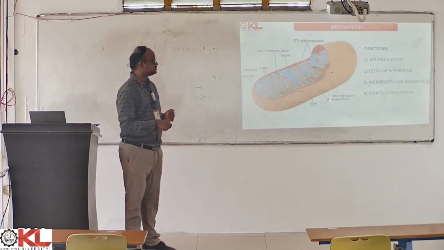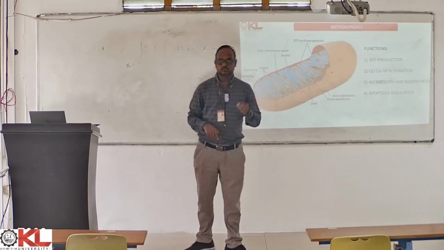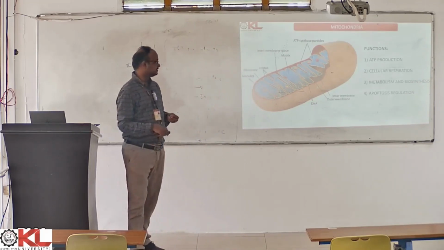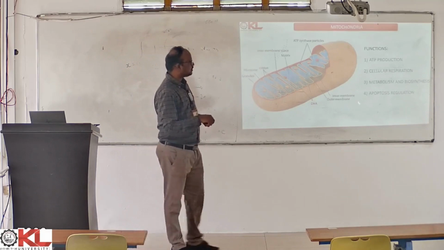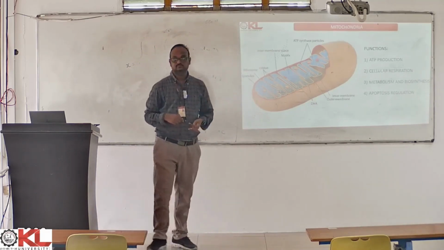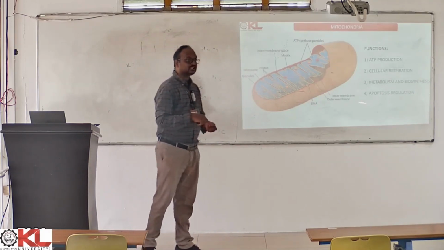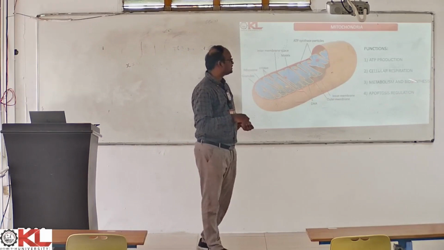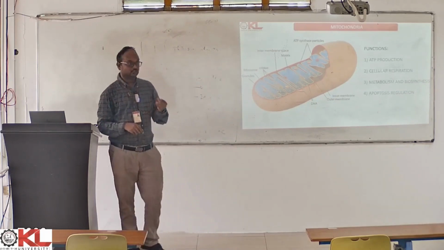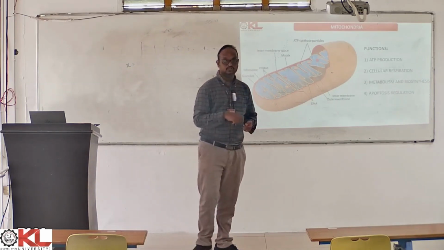Caspase 3, caspase 9, and many other caspases are involved in the programmed cell death mechanism, that is, apoptosis of the cell. So regulation of apoptosis is done by the mitochondria. Mitochondria activate the caspase enzymes and help in regulating the apoptotic pathway. So that's also one major importance of mitochondria.